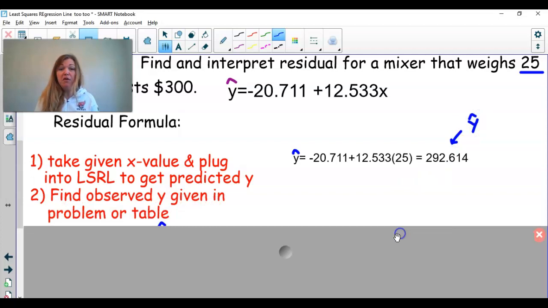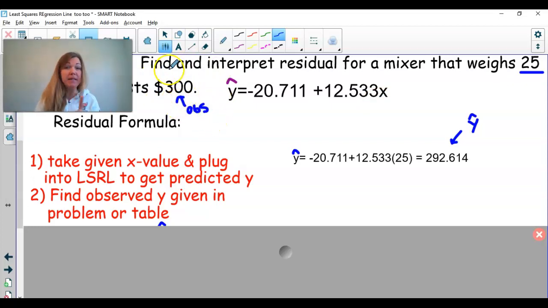Step two, find the observed y given in the problem or the table. We have our observed y given in the problem: find and interpret a residual for a mixer that weighs 25 pounds and costs 300. This right here is our observed. That's what actually happened.